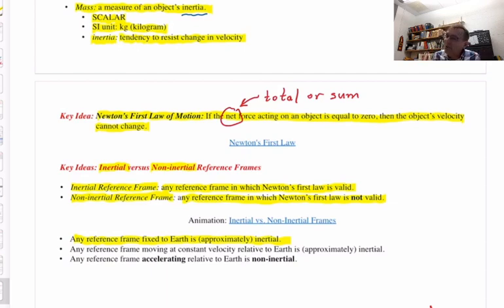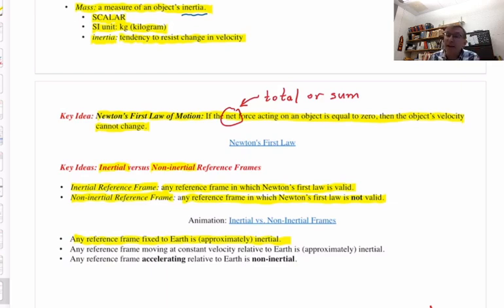And if you have certain situations, you can see deviations from Newton's first law. We won't worry about those in this class. As far as we are concerned, solving any homework problems, doing any example problems in class, any reference frame fixed to the Earth will be inertial, and therefore Newton's first law will be valid. And his second law, which we're going to talk about in a minute.